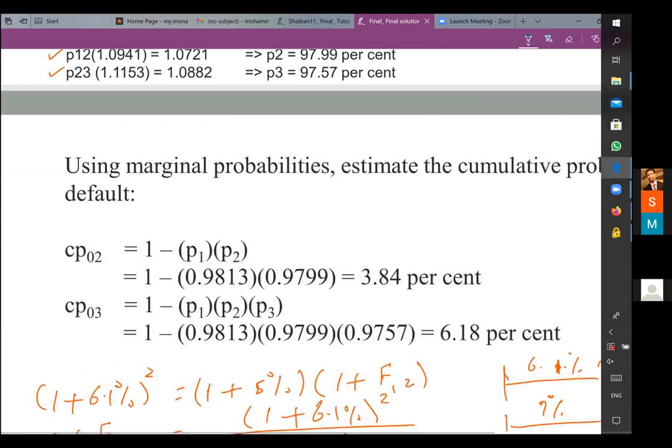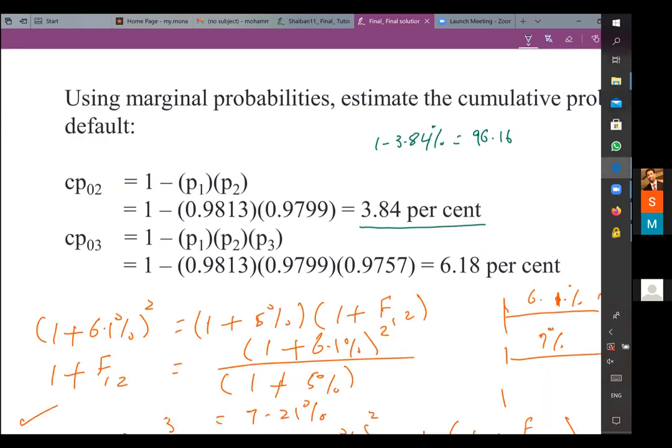And when we calculate the probabilities now, the accumulated probability. So for B, for year 2, I can get it to be 3.84. This is the defaulting we expect over 2 years, which means if you want the probability of payment, it will be 1 minus 3.84. This is the probability of payment, which is 96.16.